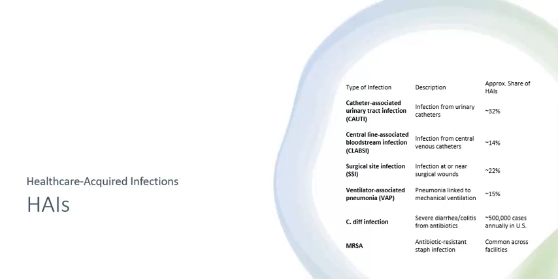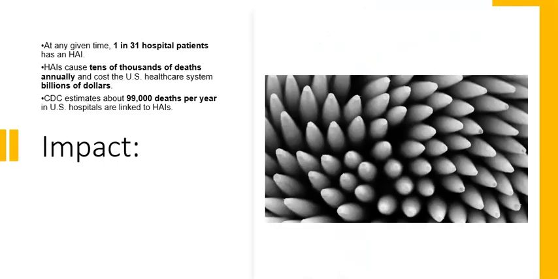Your SSIs, which is your surgical site infections. VAPs, which is your ventilator associated pneumonia. Then you have your C. diff as well as your MRSA. It tells you the percentage of those as well, just for your knowledge.